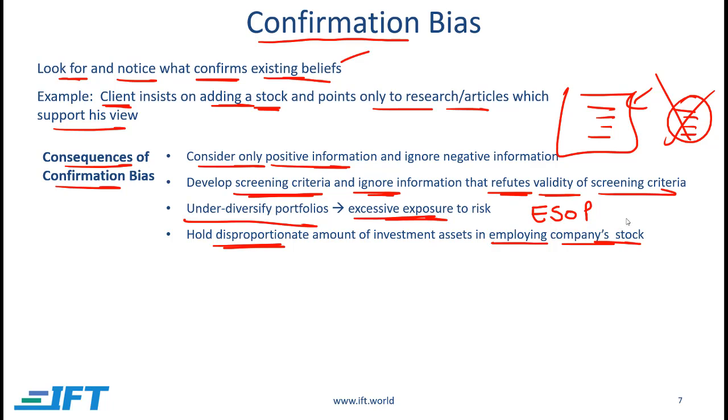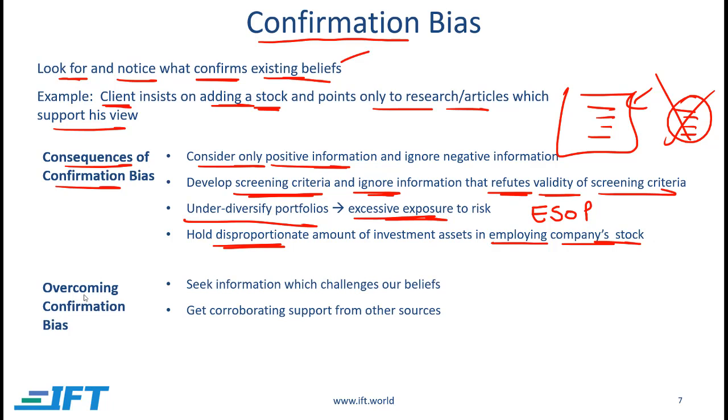And here, since a person is constantly hearing about how good his company is, that's what management would invariably be saying, then he is only going to look for information that confirms the view that this stock is good, and therefore might end up owning more of his company stock than makes sense for his overall portfolio.